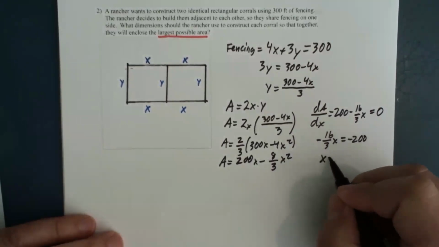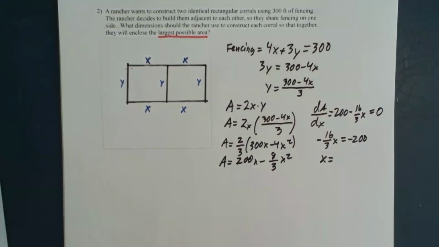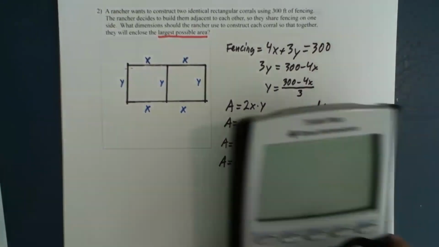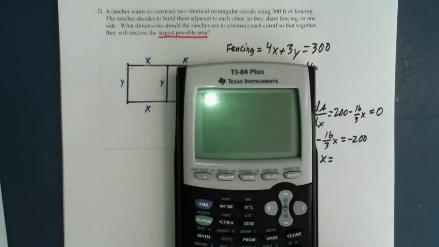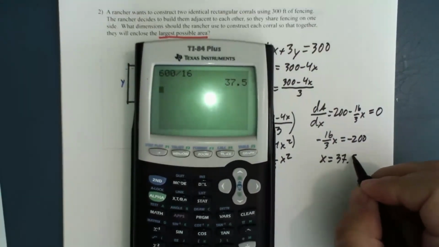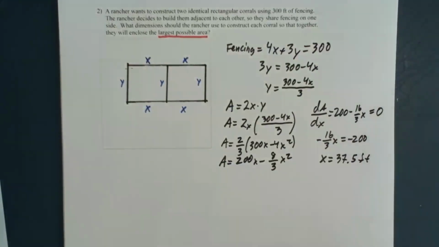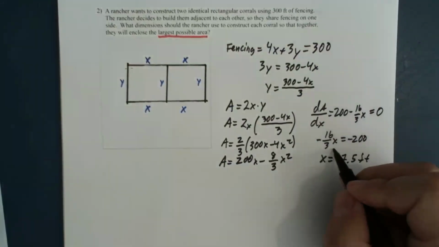I'm going to divide or multiply it by the reciprocal, either way that you want to do it. That's going to become 600 divided by 16, which is going to be 37.5, and this is going to be feet. So there is one of the dimensions.